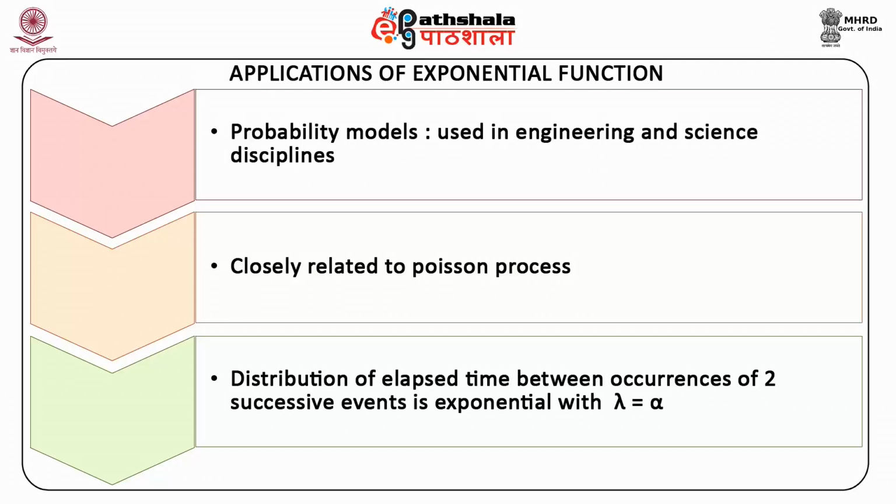Given a Poisson distribution with parameter alpha t, where alpha is equal to the expected number of events occurring in 1 unit of time and t is equal to the time interval of length, and the number of occurrences in overlapping intervals are independent of one another, then the distribution of elapsed time between the occurrences of two successive events is exponential with parameter lambda equal to alpha.